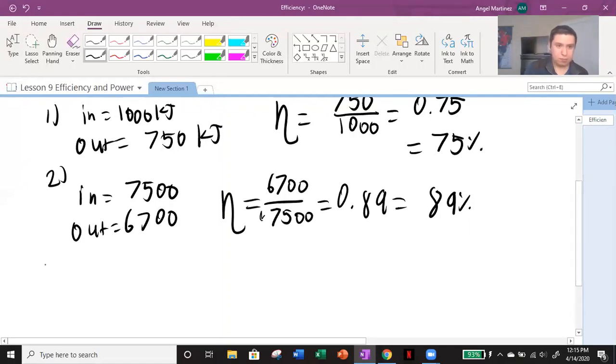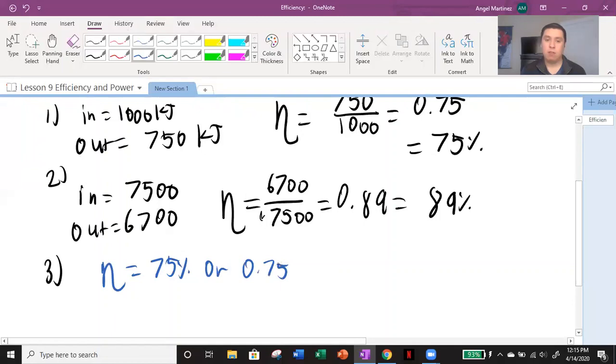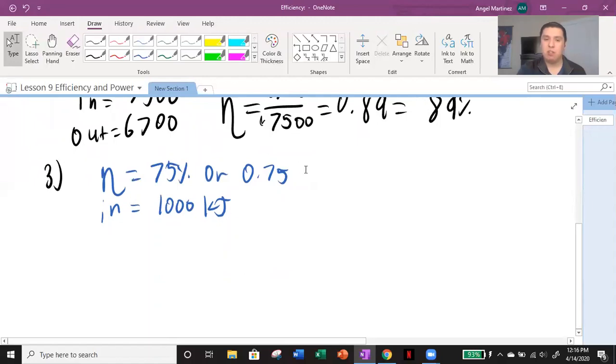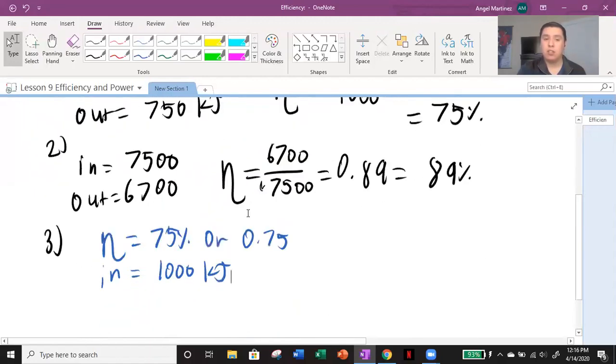Another thing you can do, let's go back to number 1. Let's say we had the efficiency 75%, or 0.75, and we had how much energy we put in, input equals 1,000 kilojoules. You can find out how much energy we actually get out by using the efficiency and the input. It's just basic algebra.